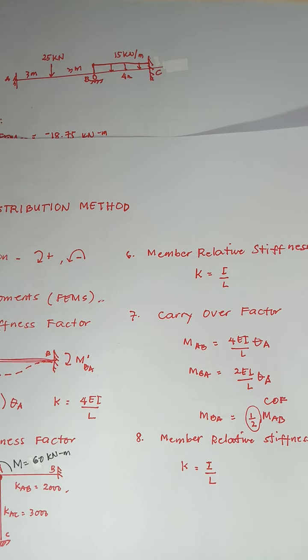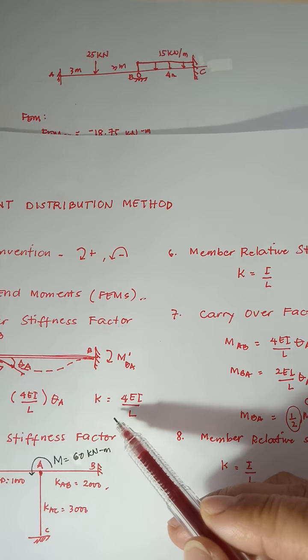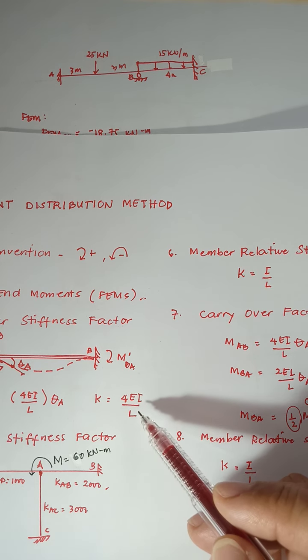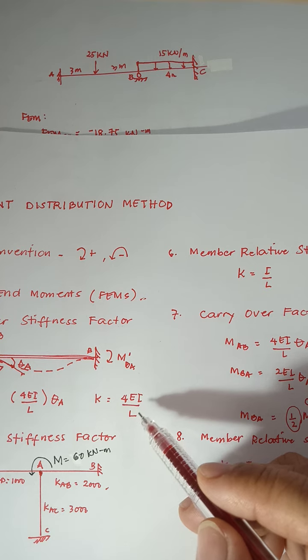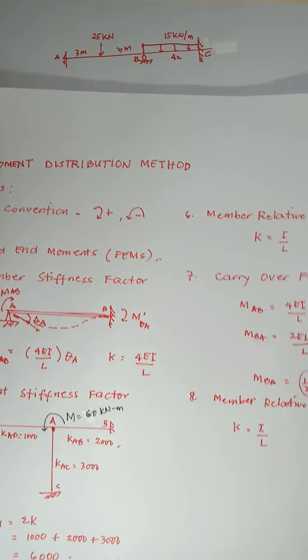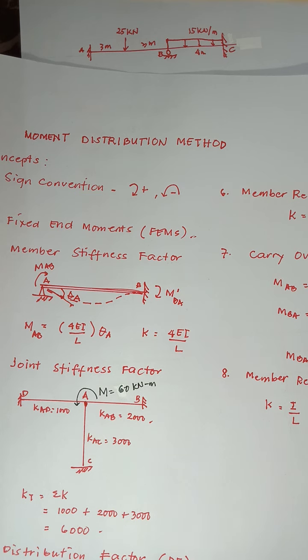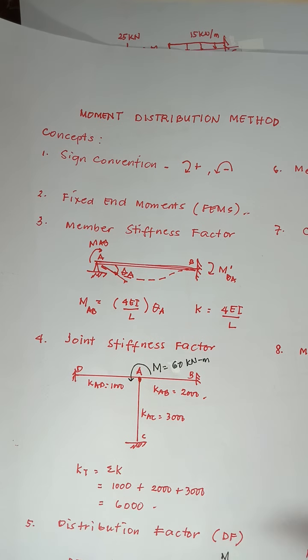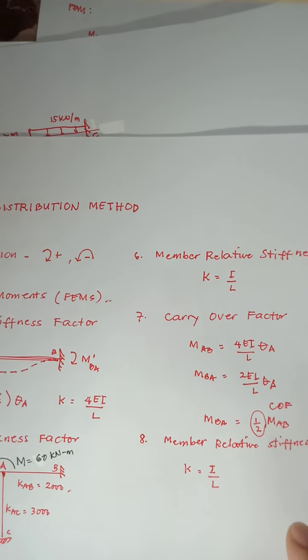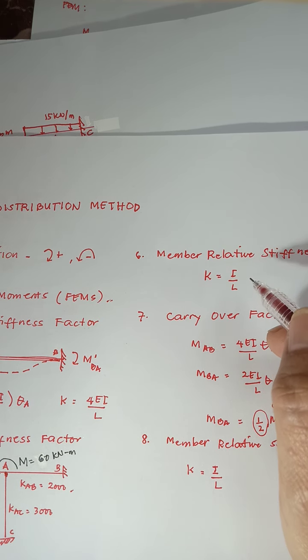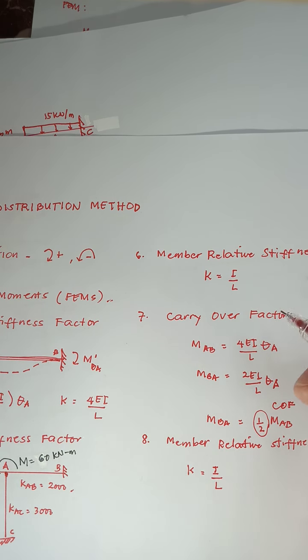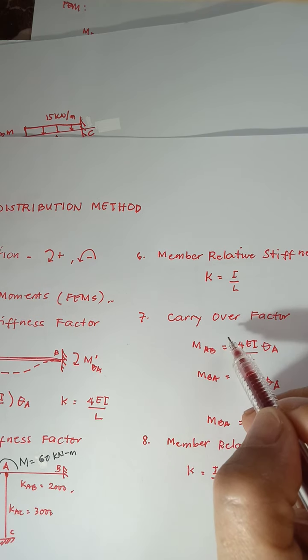If they have the same modulus of elasticity, the common factor, K, is equal to 4EI over L. Since E is constant, in solving for the distribution factor, K over summation of K, K is 4EI over L and the summation of K also has the term 4E over L, so the common terms cancel, and we can rewrite the stiffness factor as simply I over L.